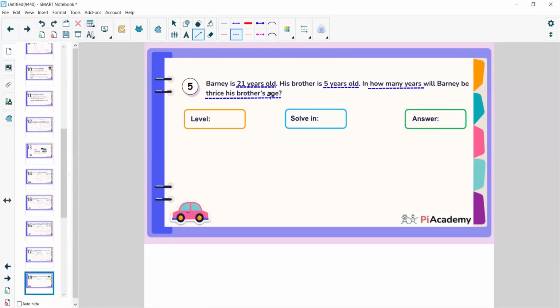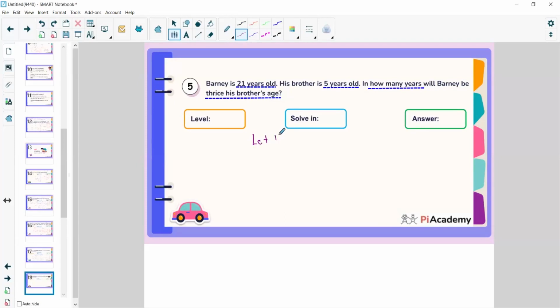Barney's age is given, his brother's age is given, and they are asked after how many years Barney would be thrice his brother's age. Okay, so that means after some years passed by, there would be a time when Barney's age would be 3 times his brother's age. So after how many years? That is the question. So what can we do?